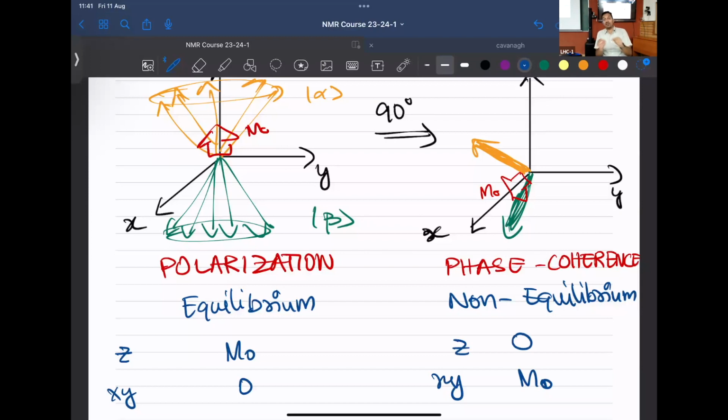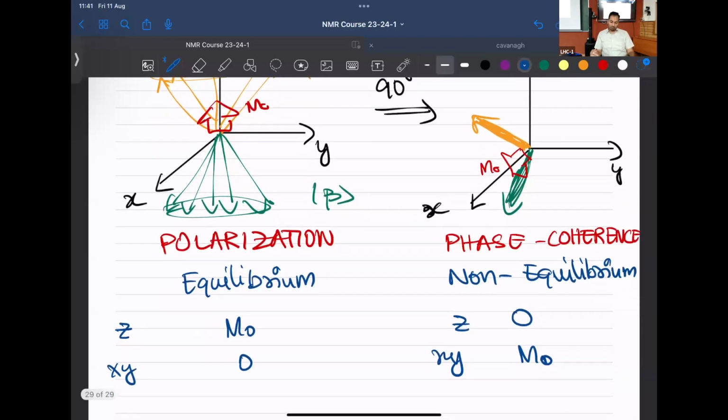That's the projection that you saw as a shadow in the simulation we did. You'll understand it has a sine alpha component to it. So when alpha is 90, you have the maximum. When alpha is 30, you have less than the maximum, right? So far, so good. So you generate a signal in NMR spectroscopy with an RF pulse due to phase coherence.